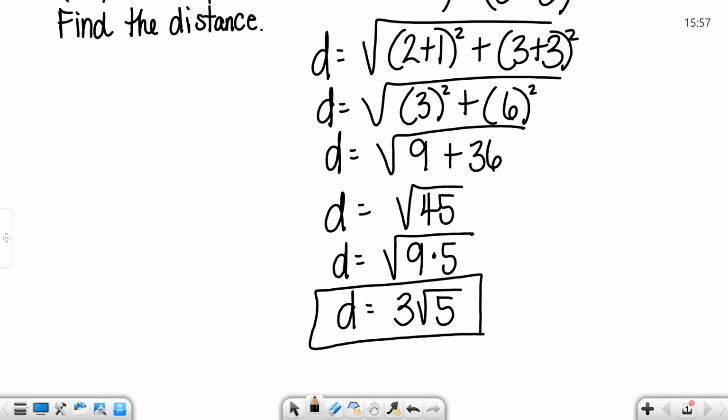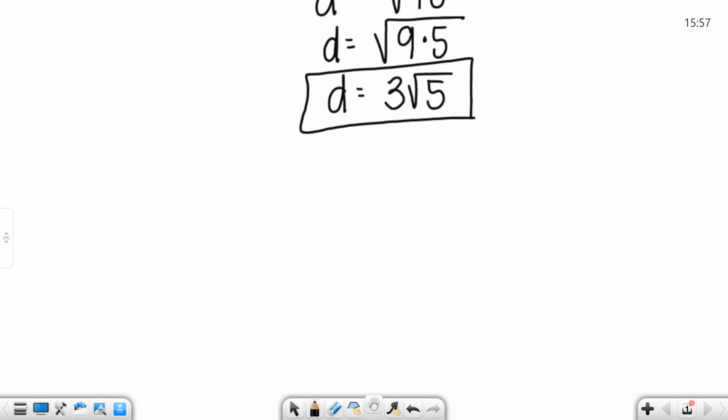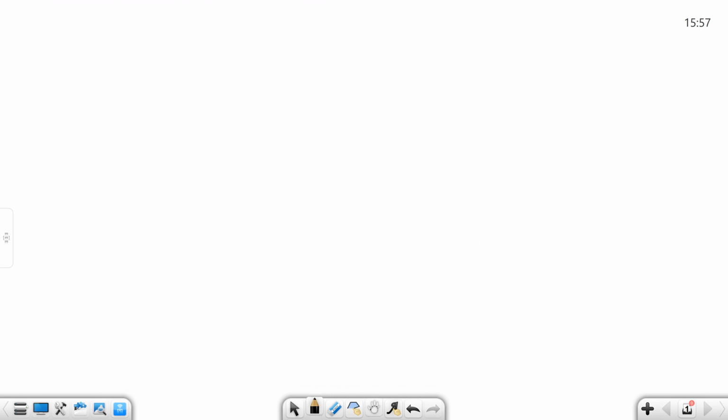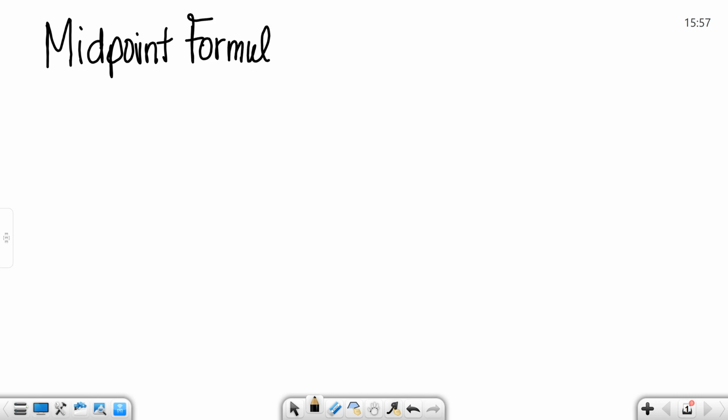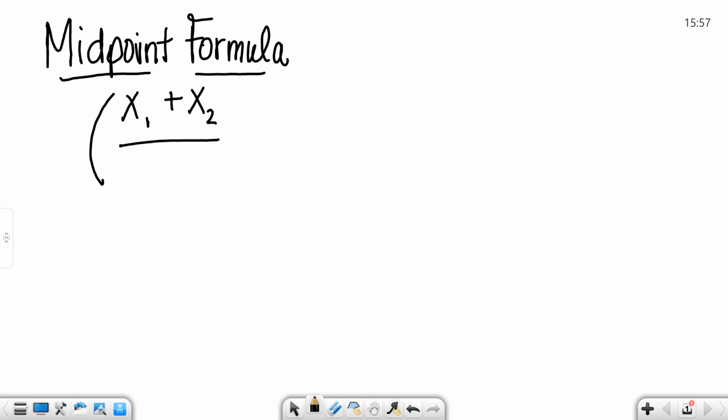All right, now let's do an example using the midpoint formula. So we still got those 2 ordered pairs. The midpoint formula says, let's take the 2 x values, add them, divide by 2.